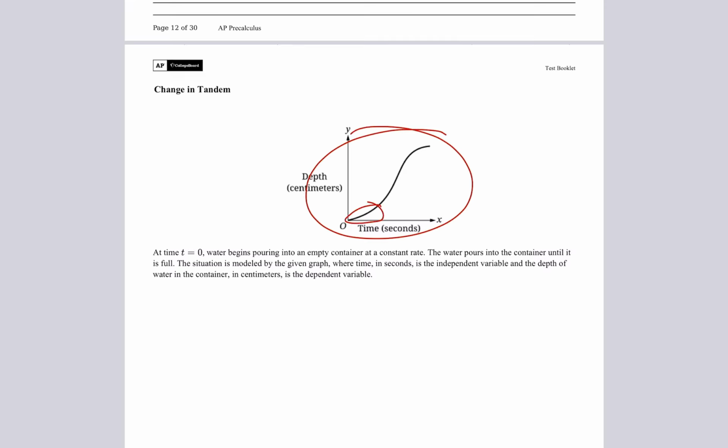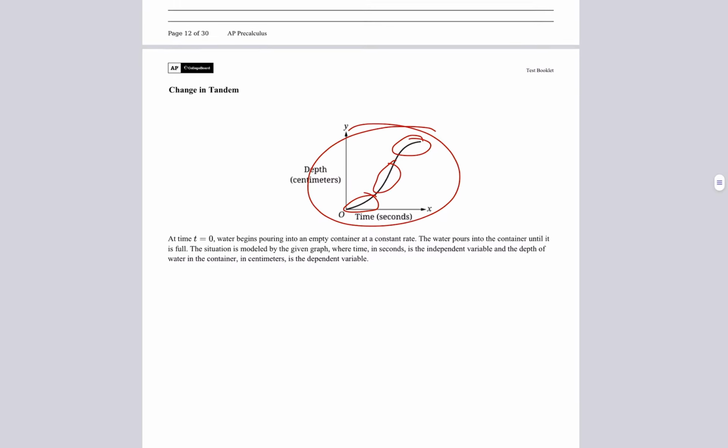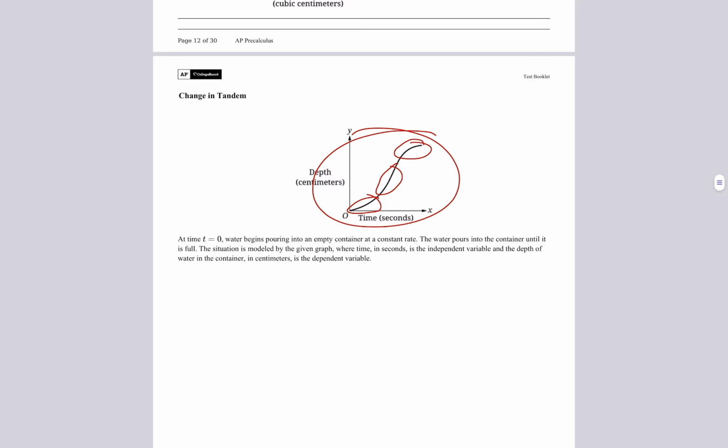We have 1, 2, 3 cases going on. Well, the container is molded into 3 different stages, I would say. So the first stage and the last stage would probably have the same rate.